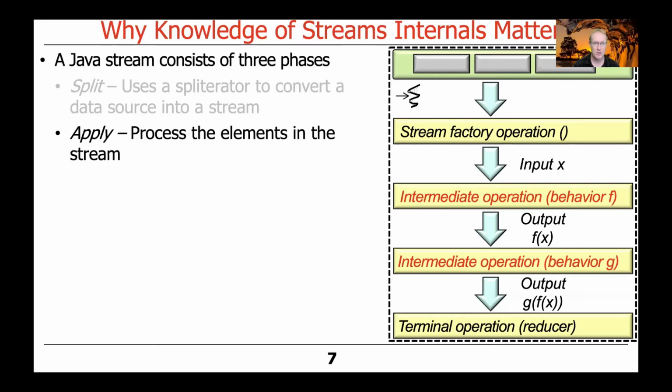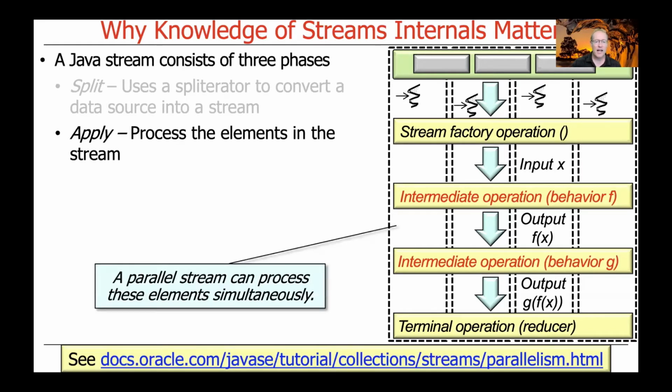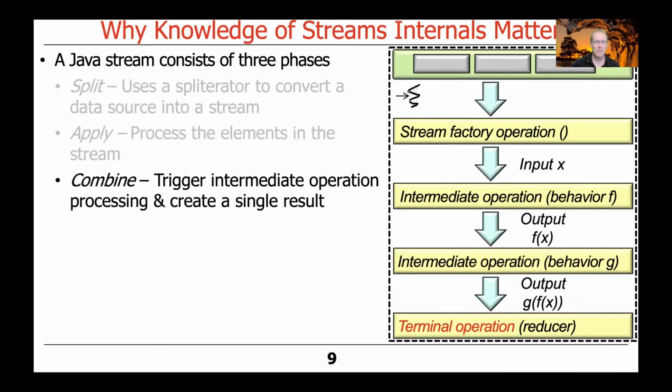For parallel streams, they're split up into chunks and processed by different threads in the common fork join pool. That, of course, is going to give you a big speed up if you have the right conditions, like lots of elements to process and lots of processing per element, because those can be mapped to the underlying processor cores. That's really the secret sauce behind parallel streams.